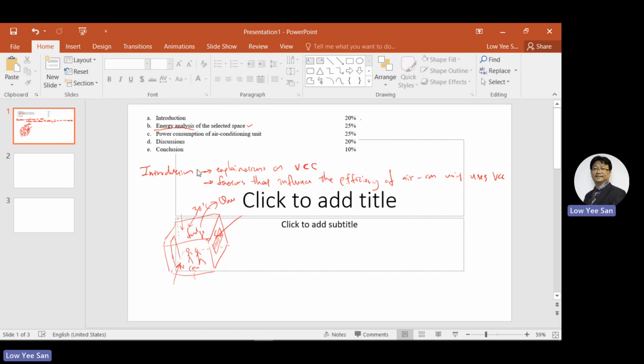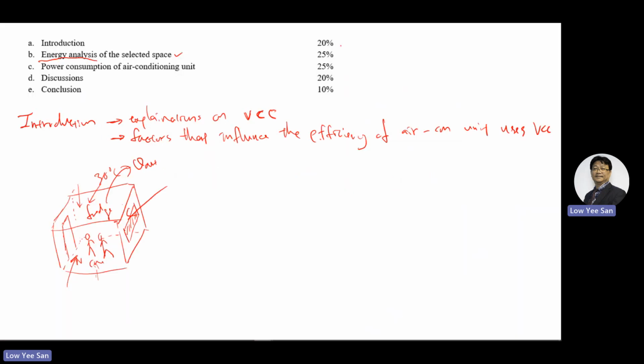Okay, now the other thing is the heat source, like a live heat source, such as a person or equipment. Now you need to cool down air. In air, you have humidity.